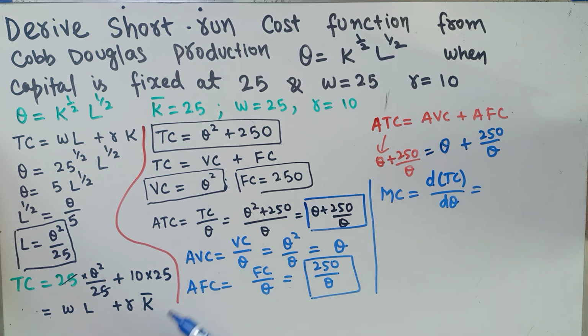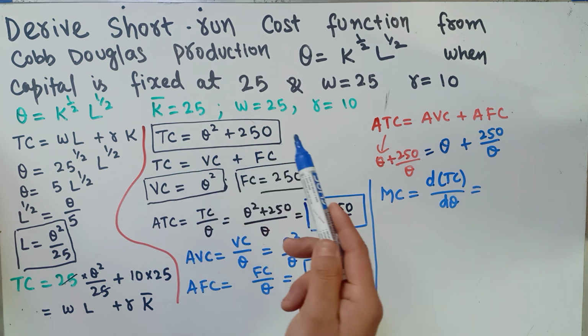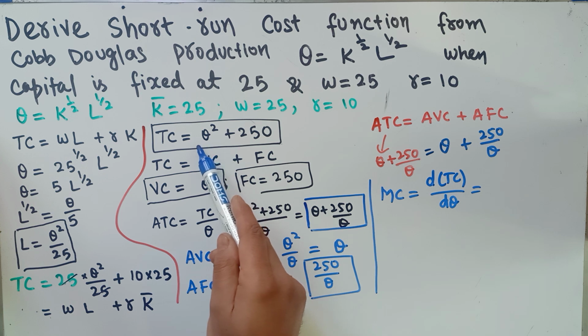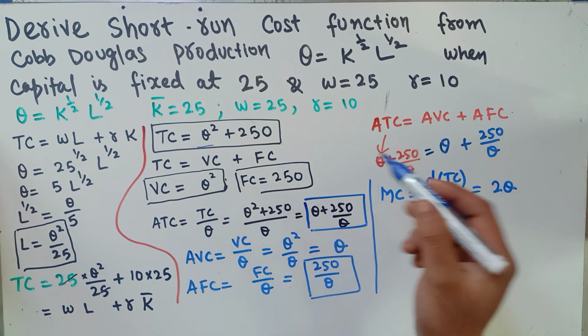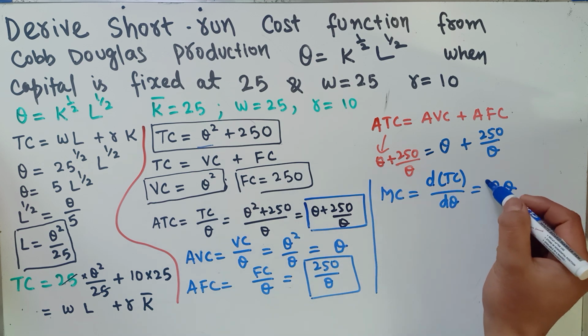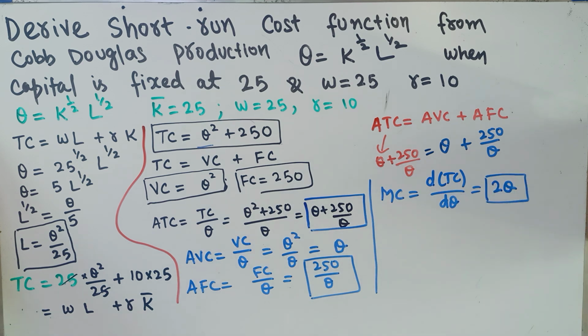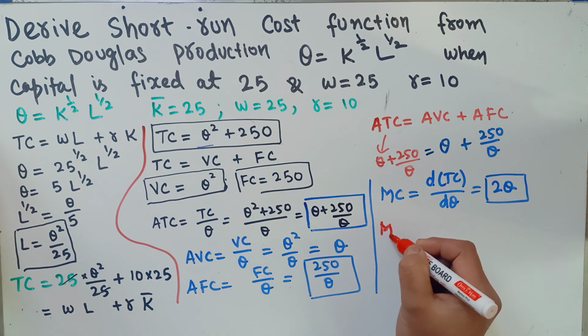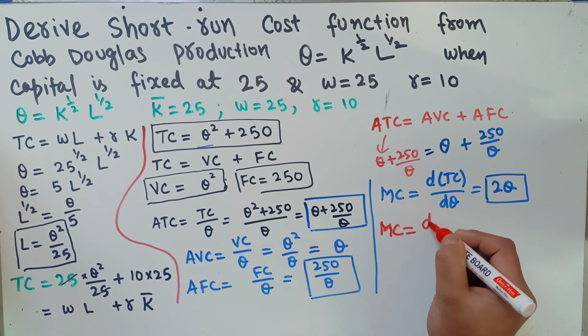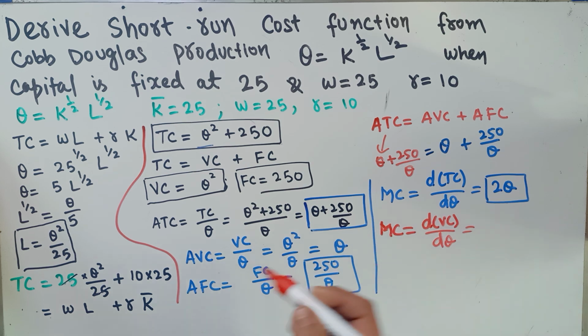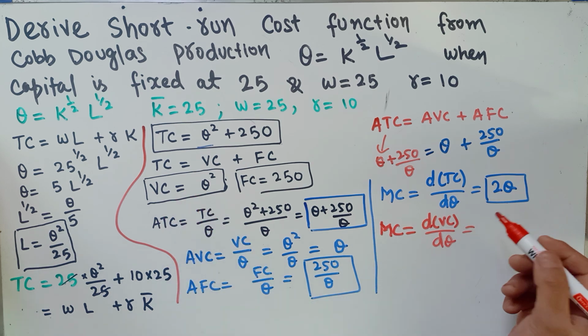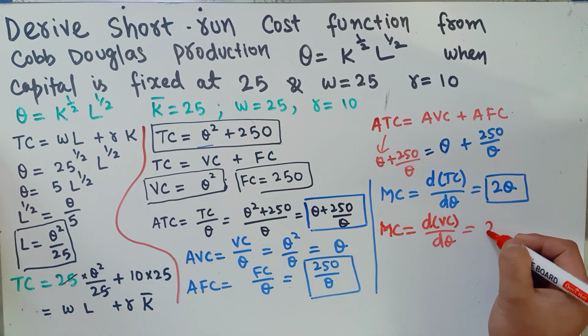Given this total cost function, its derivative with respect to Q is 2Q, since the derivative of Q squared is 2Q and the derivative of a constant is 0. So this is our marginal cost. In fact, marginal cost is also the derivative of variable cost with respect to output. Our variable cost is Q squared, and its derivative with respect to Q is 2Q.